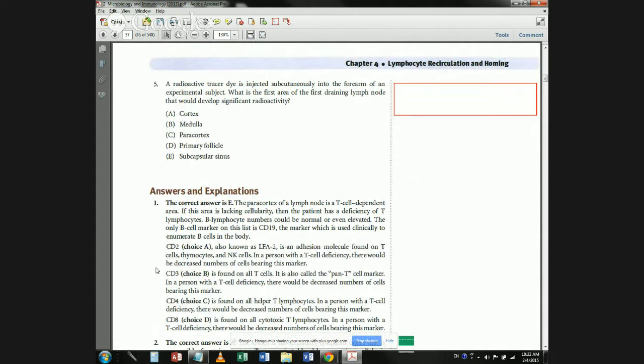In a person with T cell deficiency, there would be decreased numbers of cells bearing this marker.